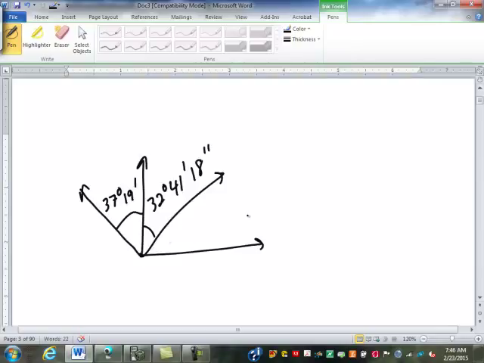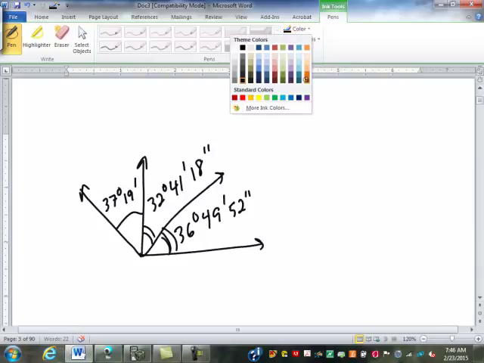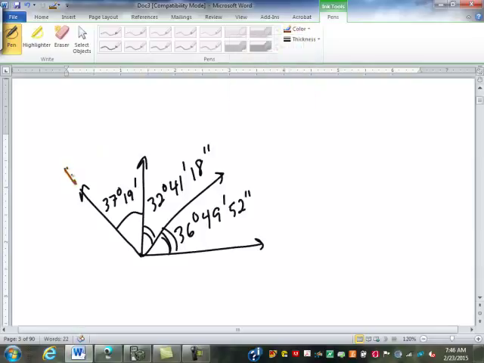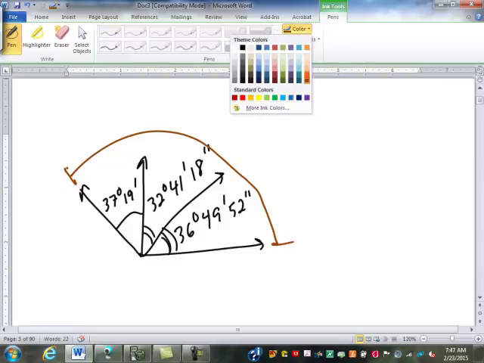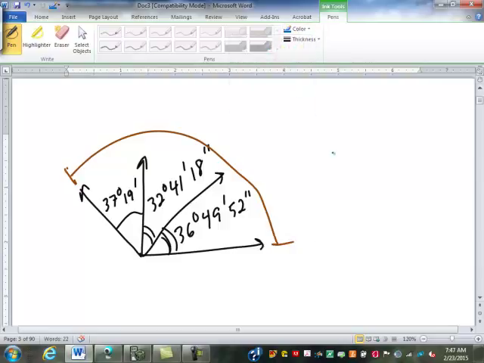This one down here, we'll call it 36 degrees, 49 minutes, 52 seconds. And I want to know what that angle is. How do I find it?